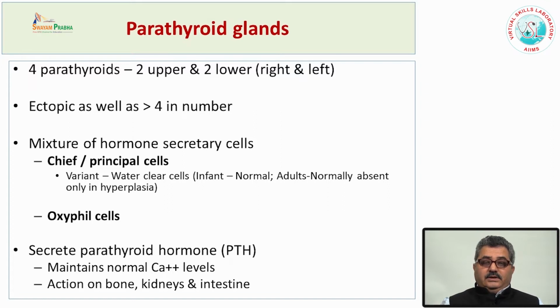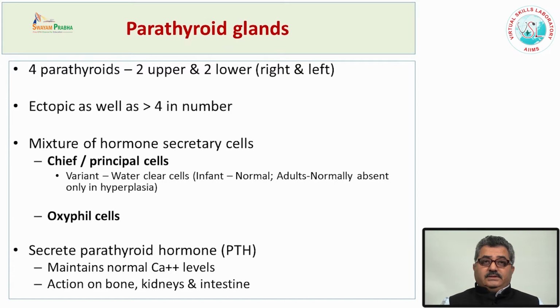As we know, each parathyroid is composed of 2 types of cells. One is the chief cells or principal cells, or what we call the clear cells. The clear cells are mostly seen in infants as normal, but in adults they are absent except in some diseases.